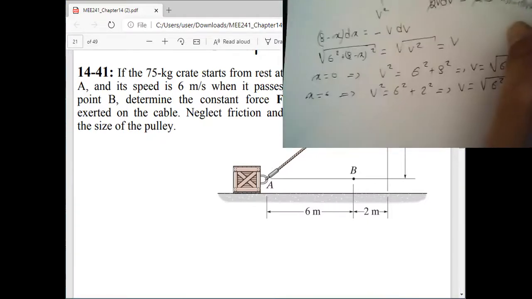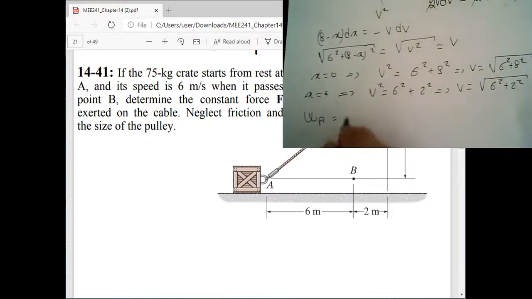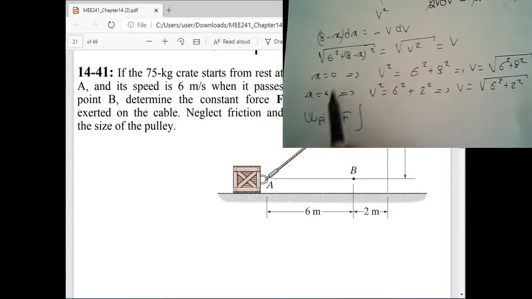Okay, so what is the work of the force F? The work of the force F is going to be equal to F, the magnitude of F as a constant. So for the boundaries, at the bottom, v is equal to the square root of 6 squared plus 2 squared. I'm going to just keep that for a second. You can do the computation in a bit. And at the top, it's 6 squared plus 8 squared.